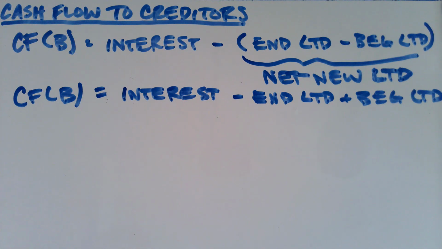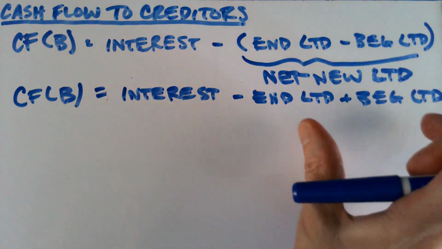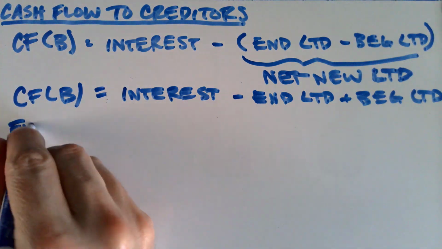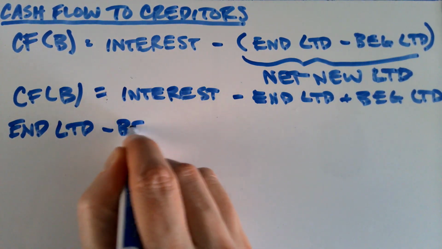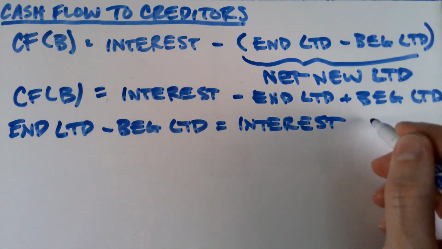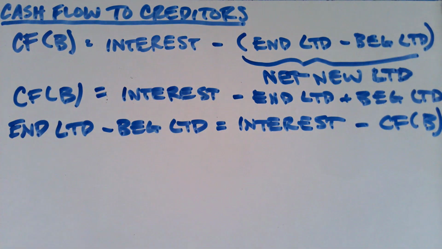We could solve for net new debt. We could subtract both of these from both sides, and subtract CFB, or cash flow to creditors, from both sides.